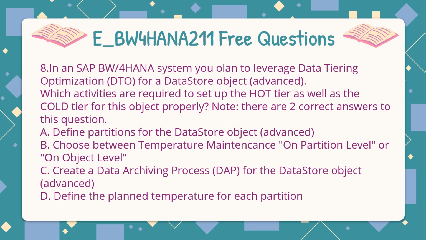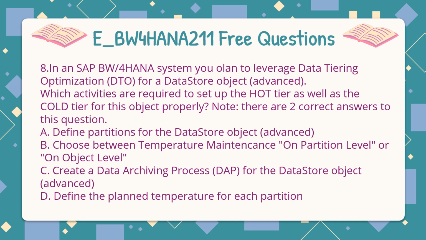8. In an SAP BW/4HANA system, you plan to leverage data tiering optimization (DTO) for a DataStore object (advanced). Which activities are required to set up the hot tier as well as the cold tier for this object properly? Note: there are 2 correct answers to this question.